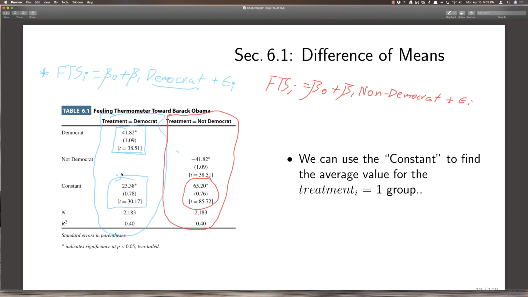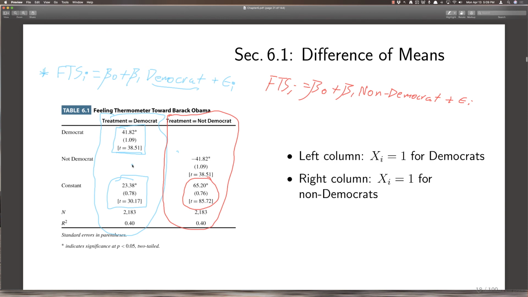So we already said in the previous slide that this was the average feeling thermometer score for the non-Democrats, the group that got a 0. And in fact, probably most of those people are Republicans, but there could be third-party folks in there. Those people would also get a 0 if Democrat is the 1 variable. All right. So what is the average feeling thermometer score for Democrats? Well, remember, let me jump back here.